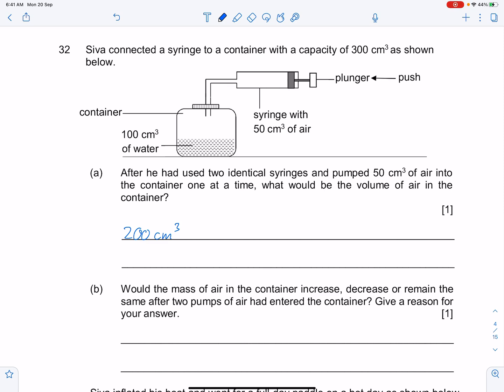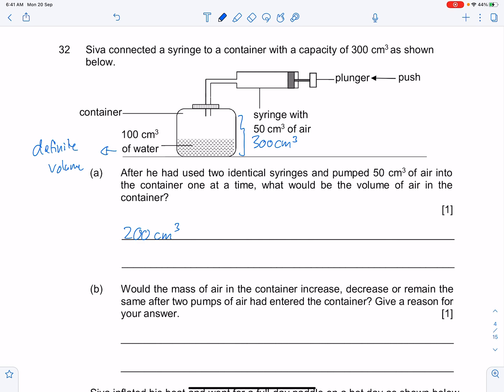Units are very important. Now the reason why it is 200 cm³ is that the total capacity of your container is 300 cm³. Now, water itself has already occupied 100, and we know that water has a definite volume.